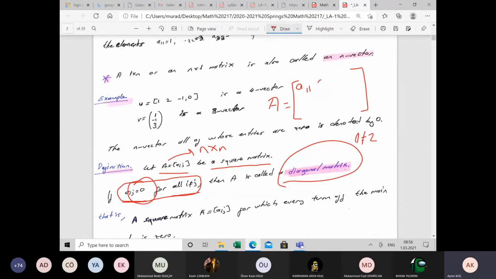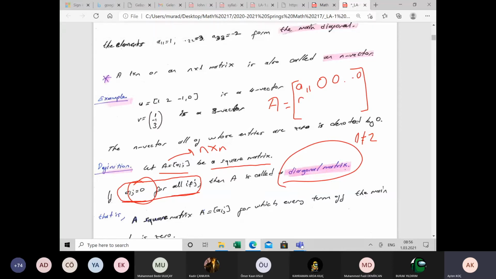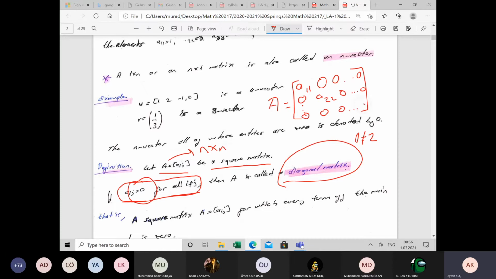This one should be 0, and the next one should be 0 and 0. The next row: 0, A sub 2,2, and the next one 0. And 0, 0. And the last row: 0, 0, 0, and the last entry A sub n,n.